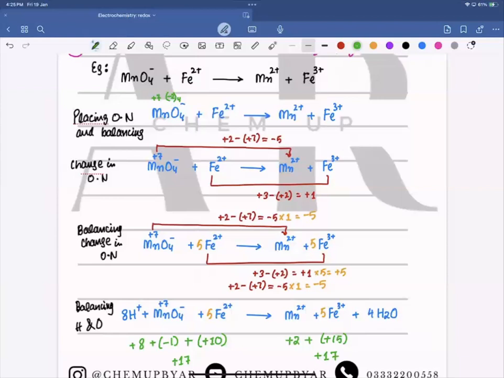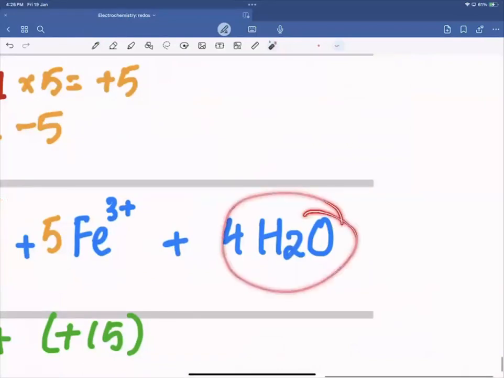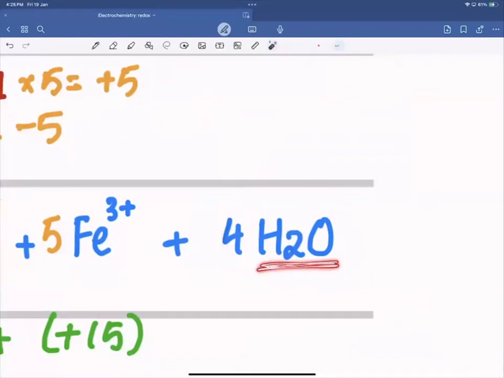So what is the net charge of 4H2O? What is the charge on this molecule? Sir, 0.